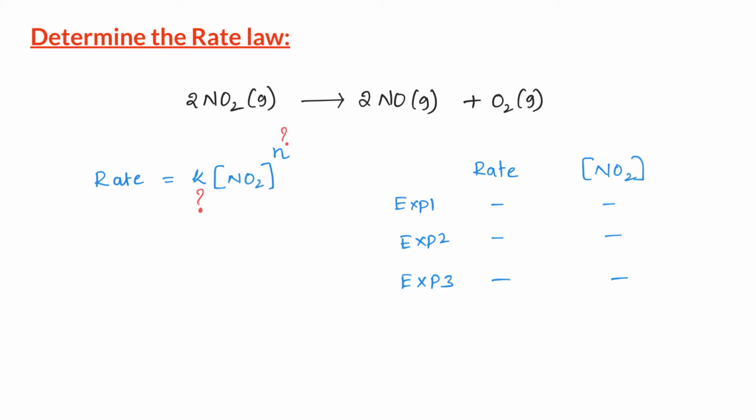That is, we have two different variables to be solved. Therefore, we need two equations to solve it, which means we need to do at least two different experiments.